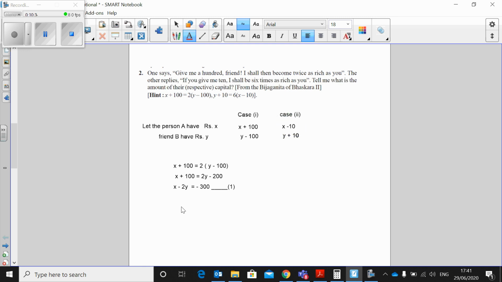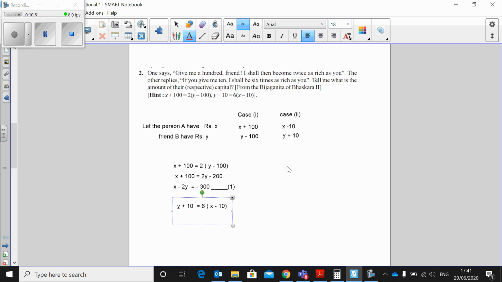Now what is the second case? According to case 2, if you give me 10, I shall be 6 times as rich as you. The one telling this statement is friend B. So Y plus 10 is equal to 6 times X minus 10.